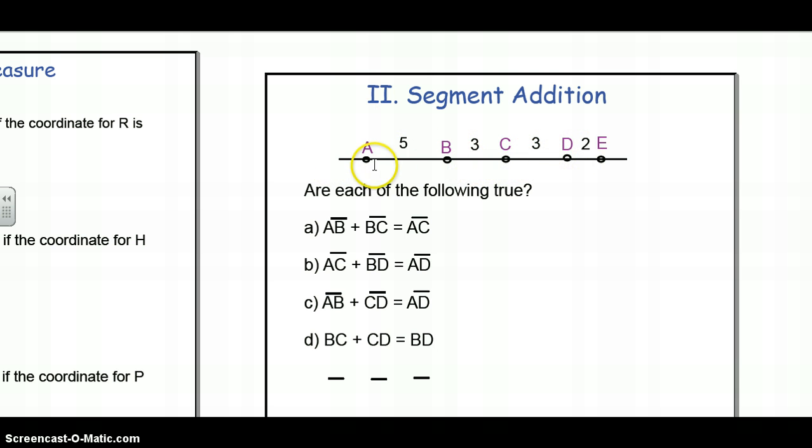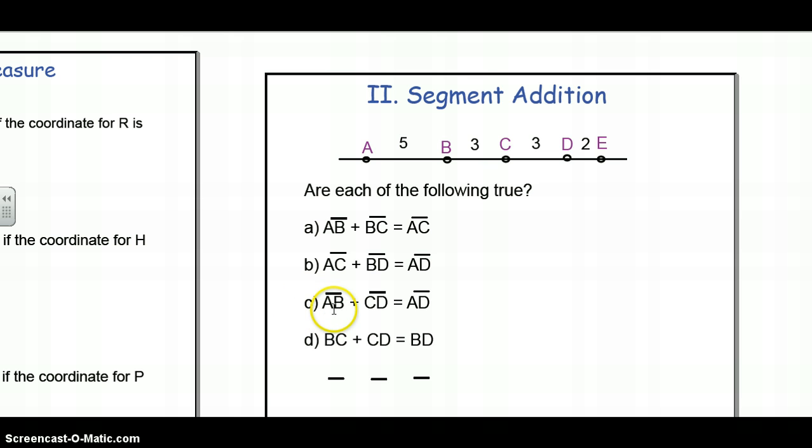So that is no, because AC is a total of 8 and BD is a total of 6, but A to D is 5 plus 3 plus 3, which is 12. So the math does not add up. So B is not true.